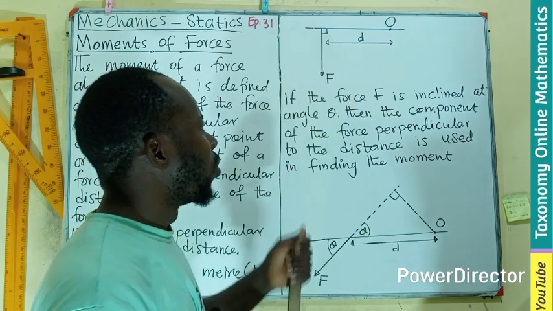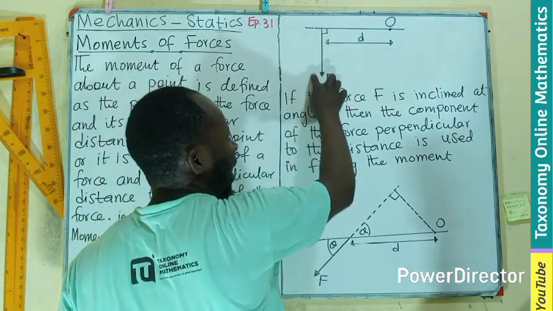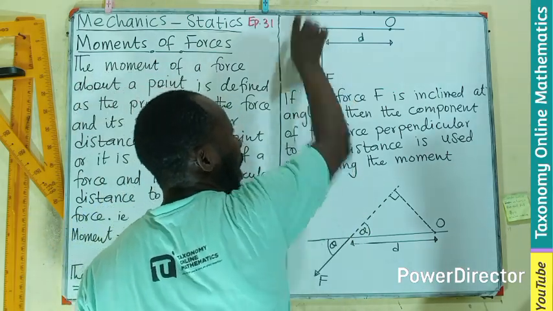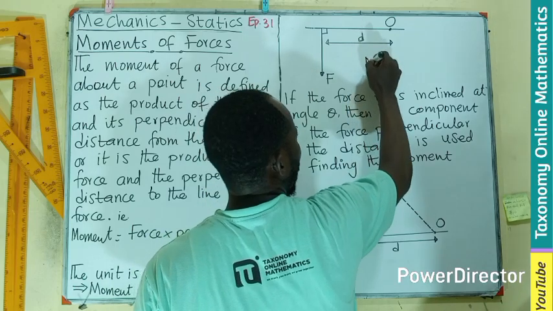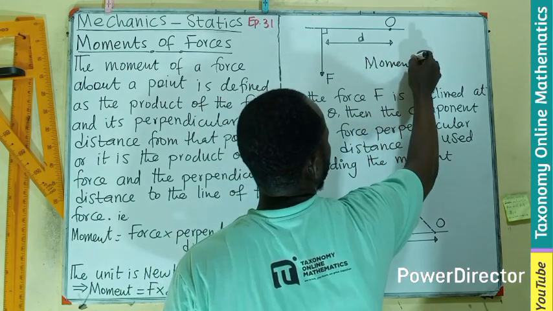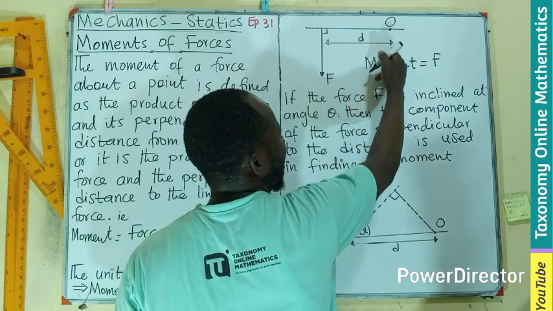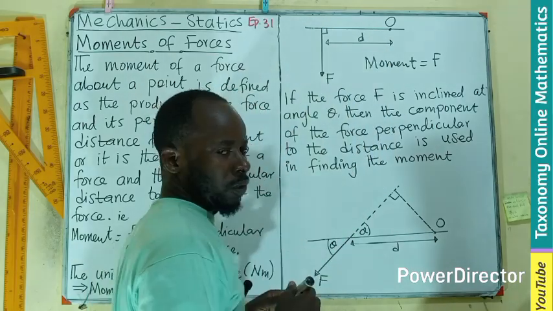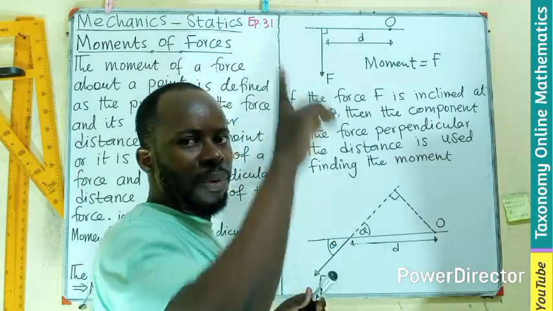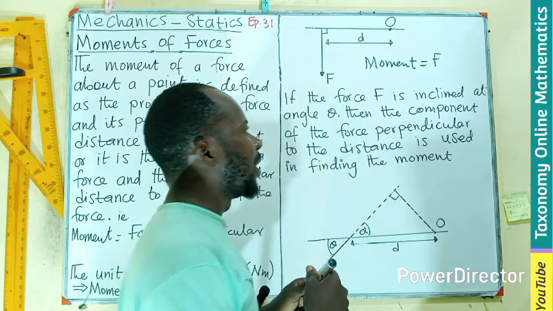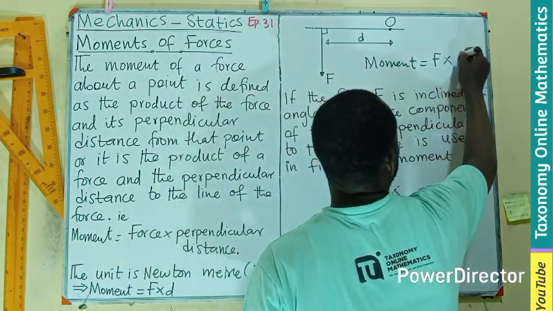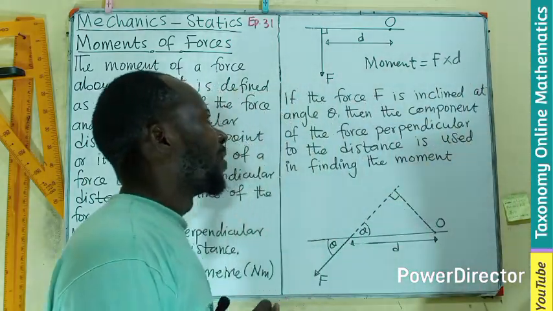We are going to multiply the force applied, either downward or upward, so we are going to have our moment equals the force times the distance. The distance has to be perpendicular to the force. So if the force is moving up, the distance perpendicular to it will be multiplied by the force.